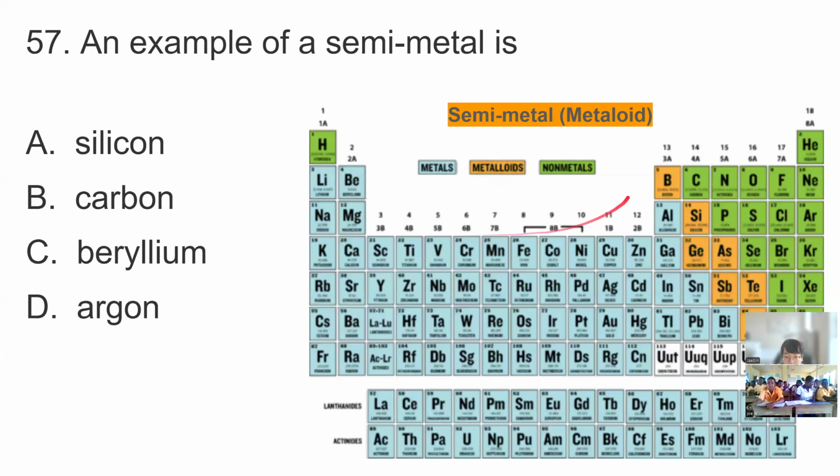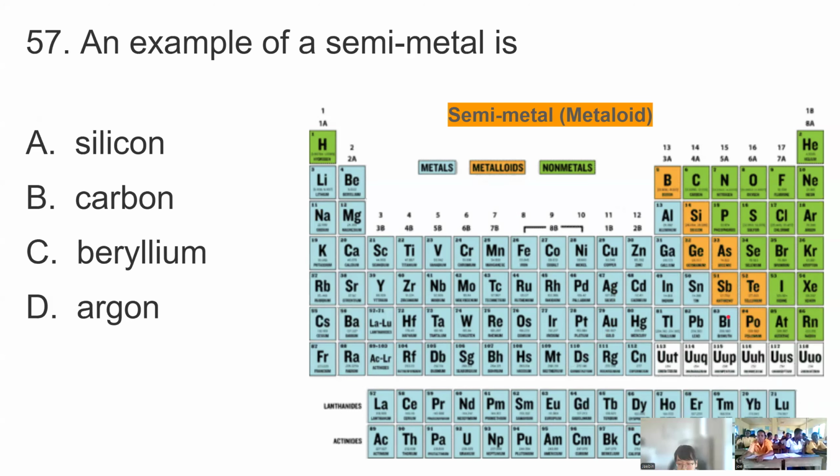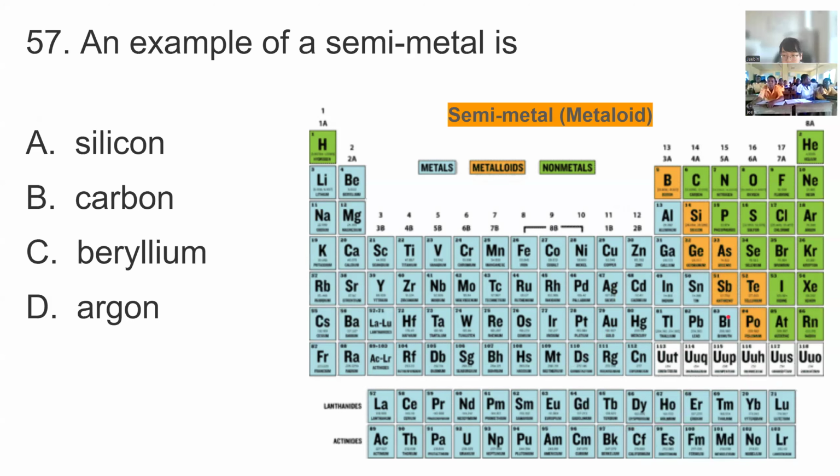So here you can see the metals, all of them colored in blue. Non-metals are colored in green, and metalloids, the small parts, their property is being semiconductive. Sometimes they're conductive, sometimes they are not in terms of electricity.